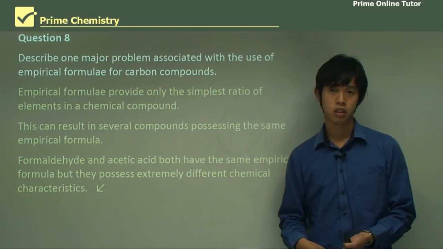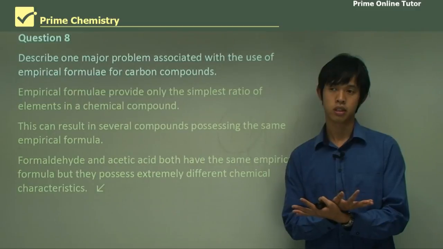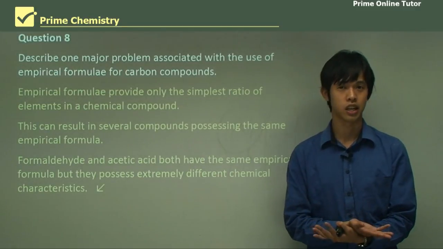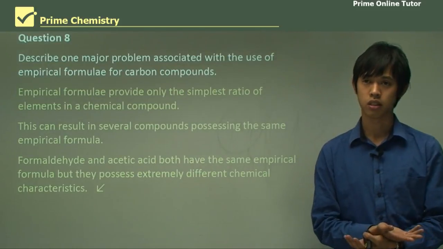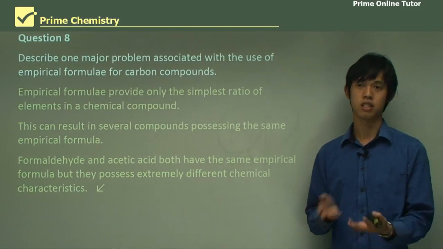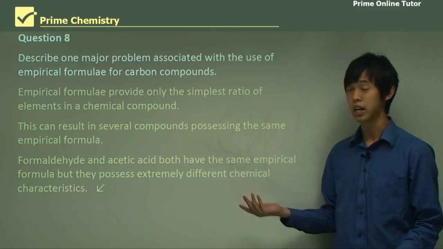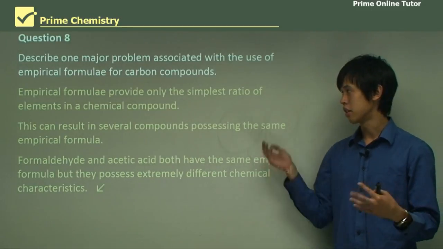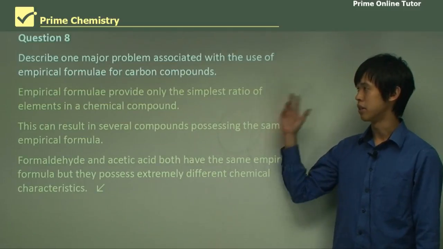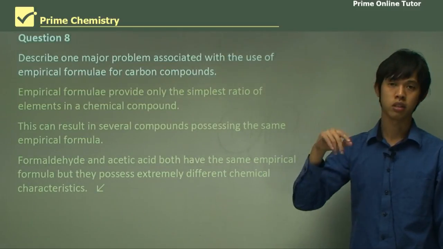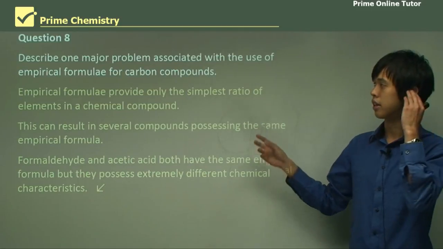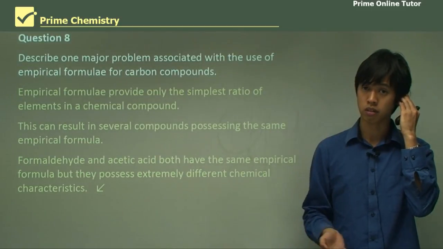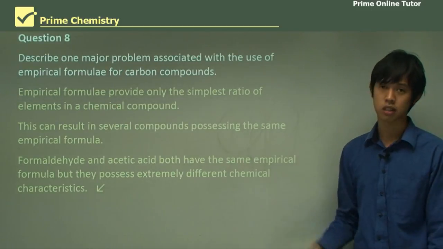If we got them mixed up, so we put formaldehyde in our food and acetic acid to preserve our dead bodies, that would be a disaster waiting to happen, because formaldehyde is toxic. So the only reason that we don't use empirical formulae for carbon compounds is the ambiguity, because a lot of carbon compounds can share the same empirical formula. And this is just one example of that.